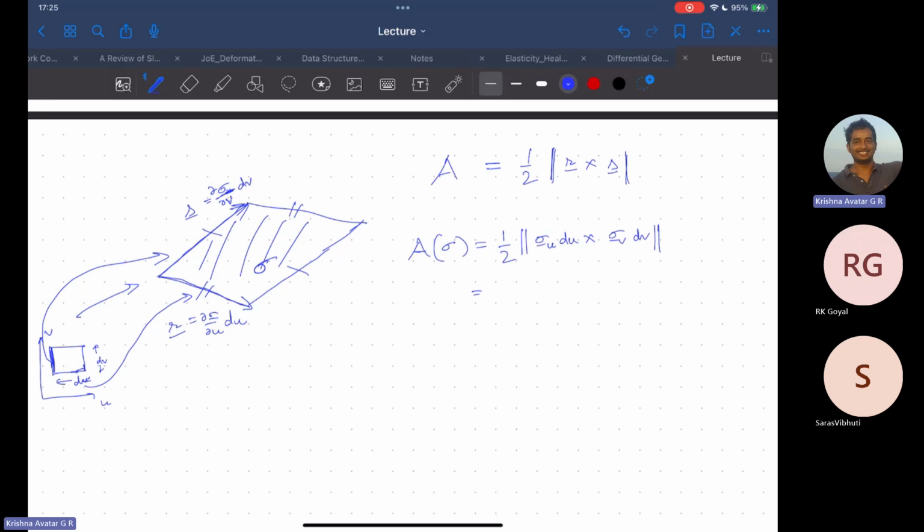And since du and dv are quantities which are always positive in nature, and also they happen to be scalars, you can just bring them out. So it's du dv.